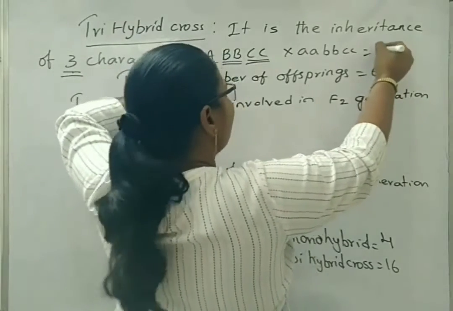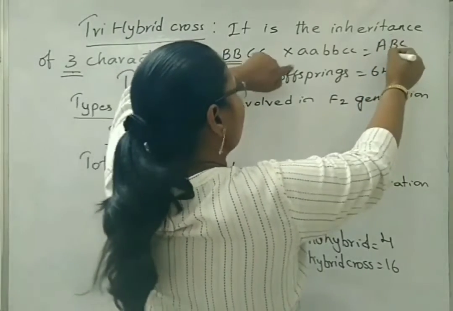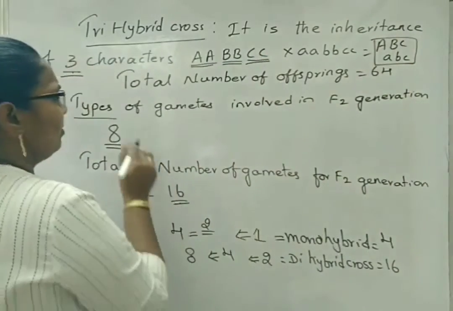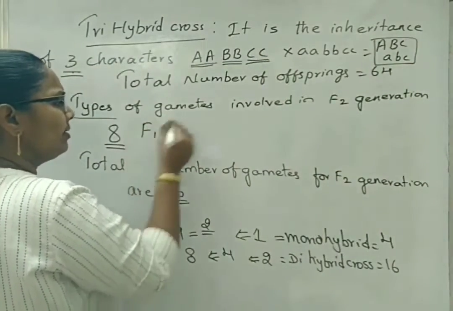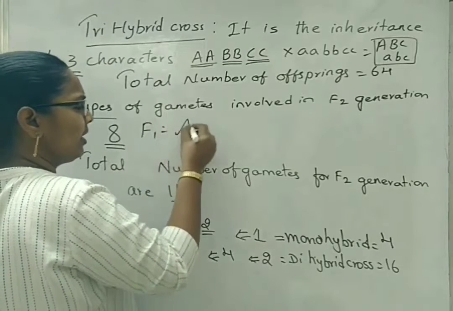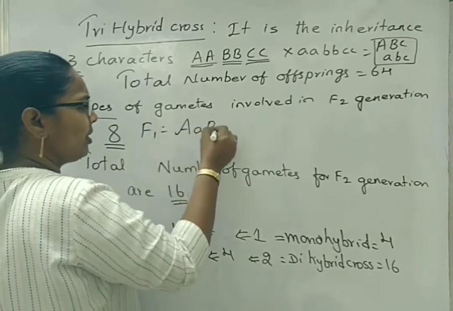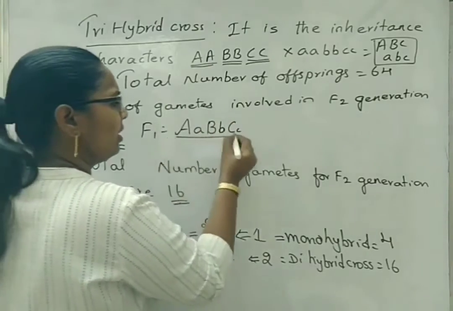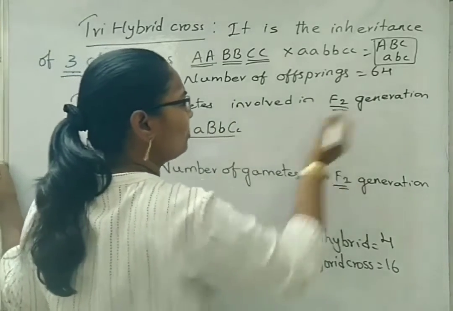From here we will get ABC one type, small abc one type. This is from the parents. Now, in F1 generation we will get the type of genetic combination like capital A small a, capital B small b, capital C small c. Here we have written for F2.